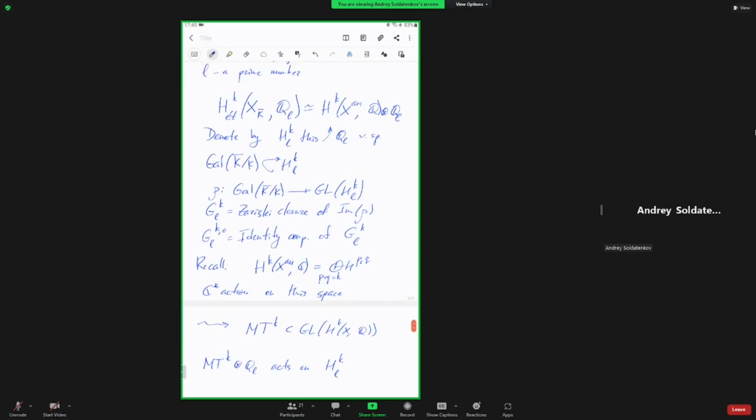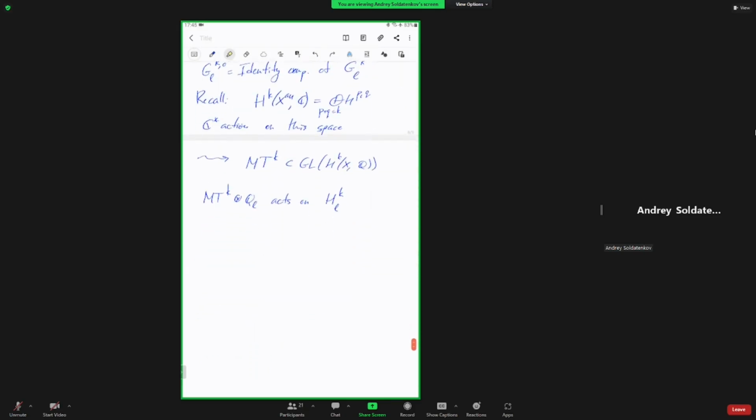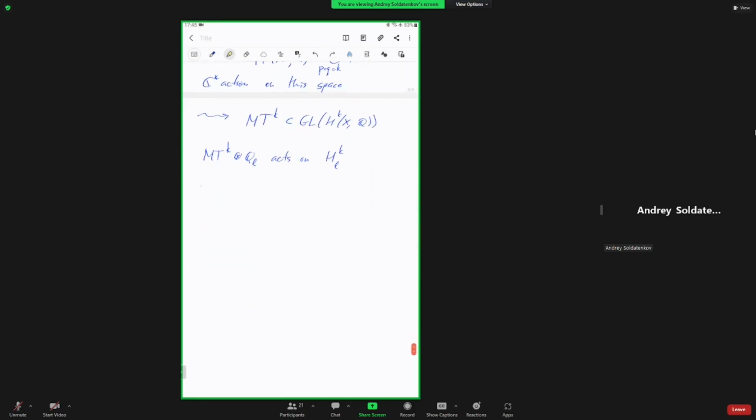So this Q_L vector space has two naturally defined algebraic groups acting on it. And the Mumford-Tate conjecture is that these two groups are actually equal.